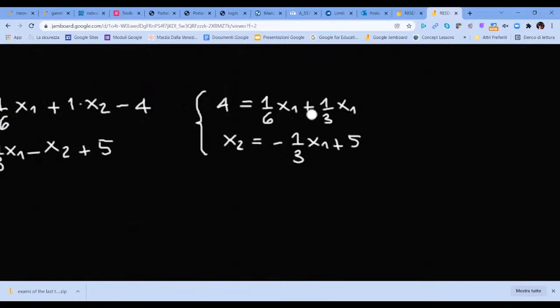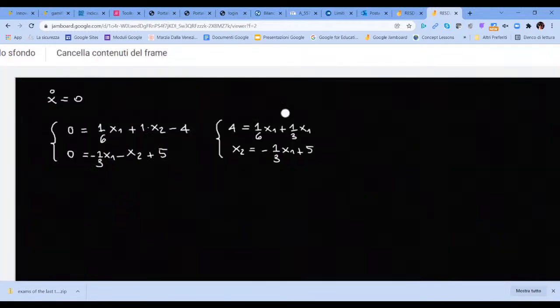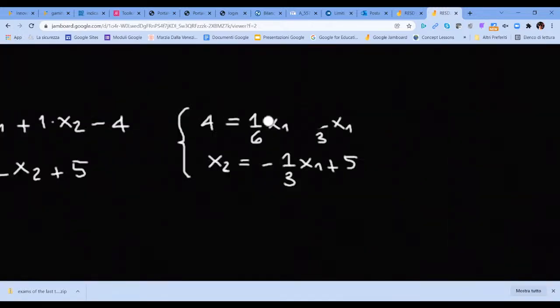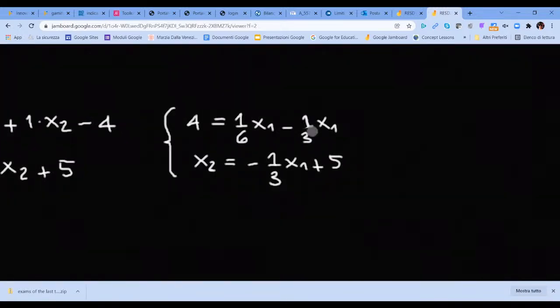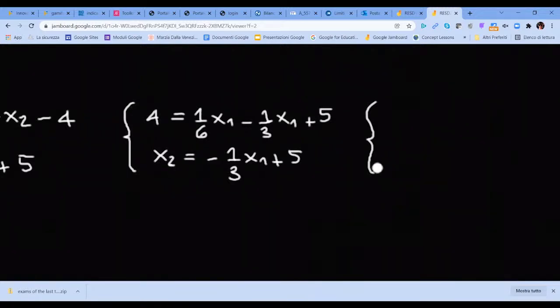I'm sorry, I have to cancel this sign. And so we can compute x1 and x2.